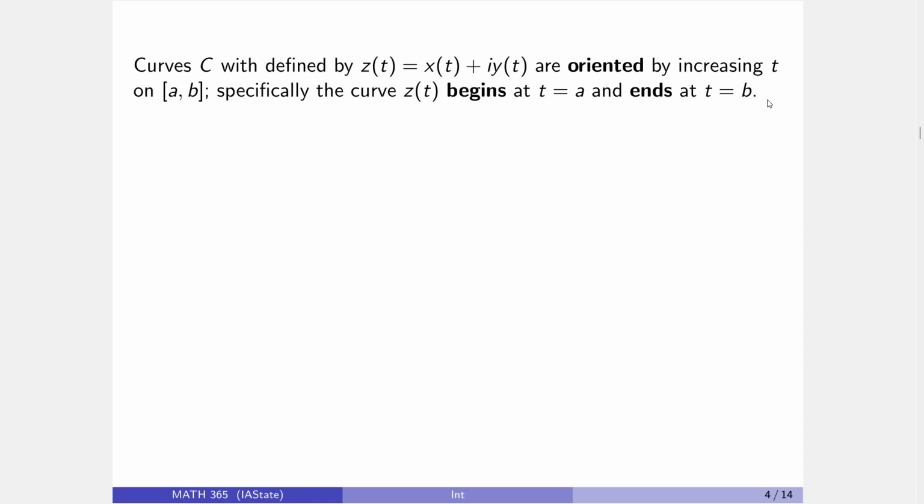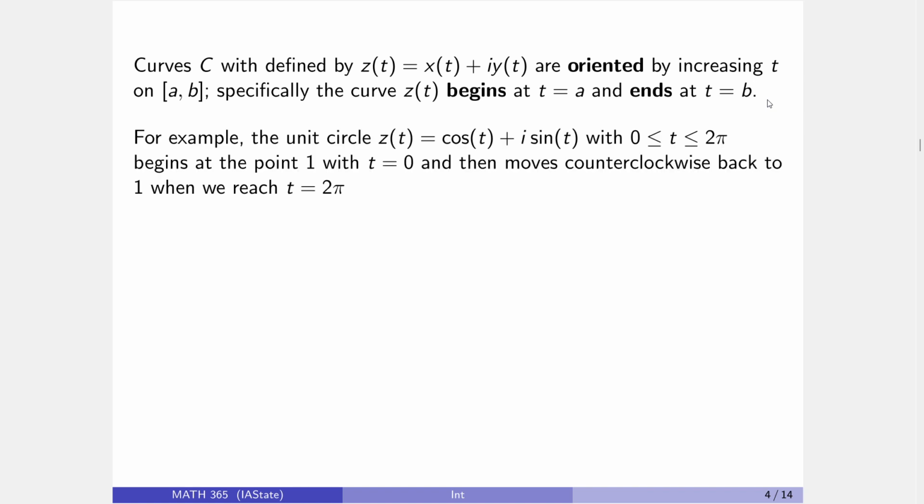And specifically, it means that when we do draw out a curve, there is a beginning and an end, when t is equal to a and when t is equal to b. So, for example, the unit circle starts at the point 1, and then is traced out counterclockwise, and we end up back at 1 when we reach t equals 2 pi. Okay, so we can clearly see in our heads and draw a picture of the circle going and tracing out counterclockwise.